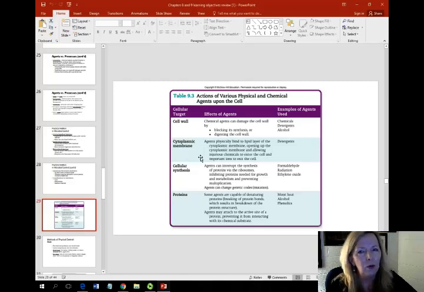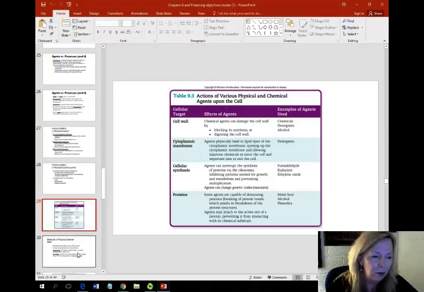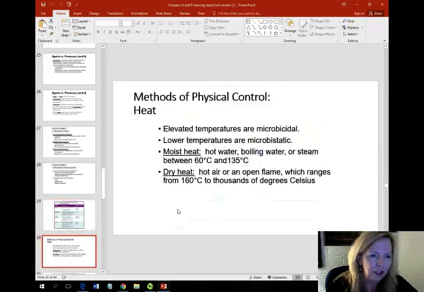Sometimes these chemicals affect cellular synthesis, attacking some internal synthesis of the cell so the cells can no longer divide, and sometimes they affect proteins and break them down. So these are some of the actions that physical and chemical methods use.